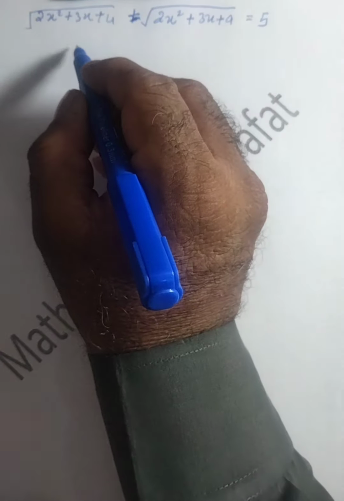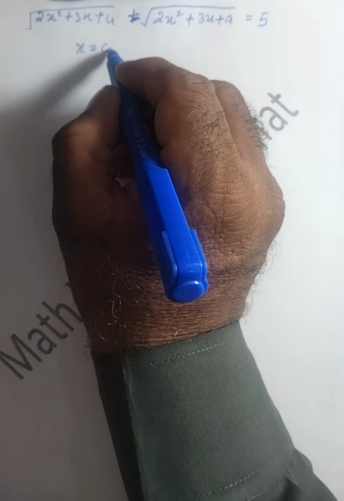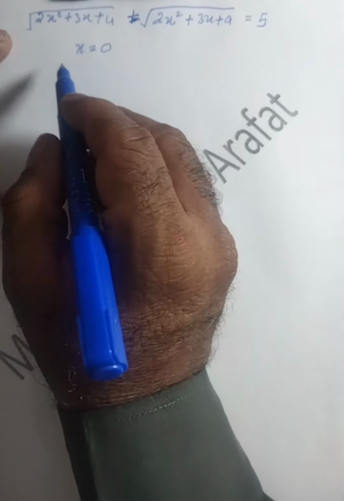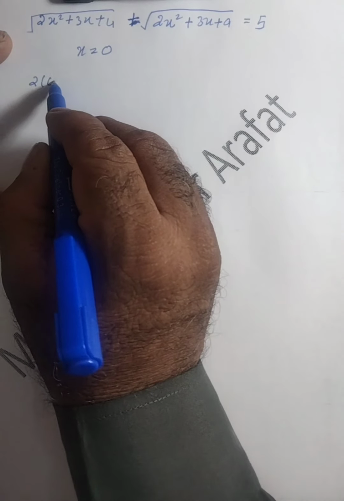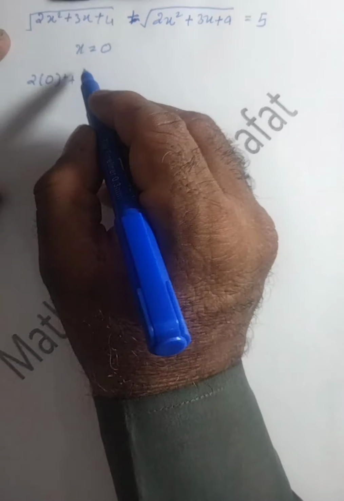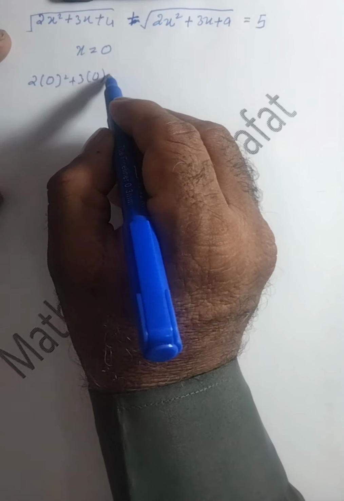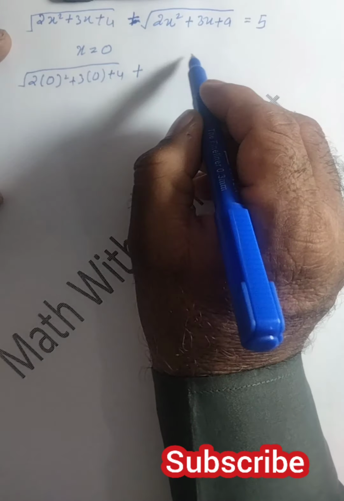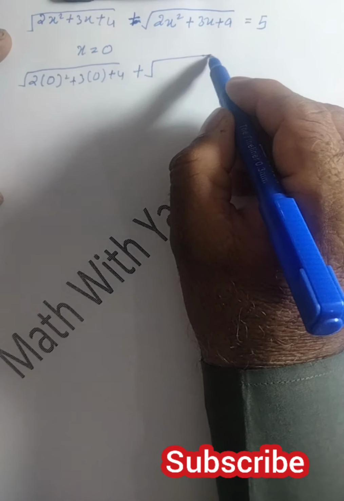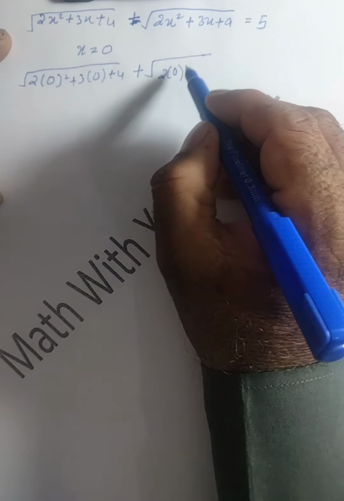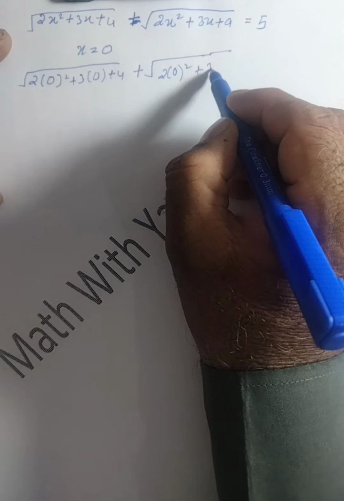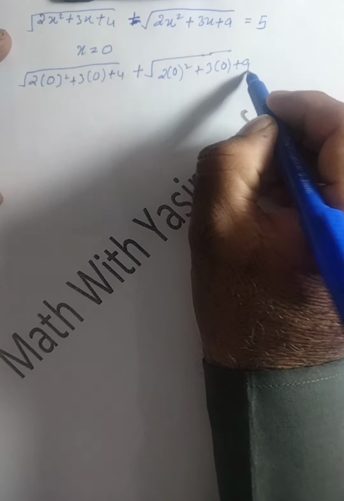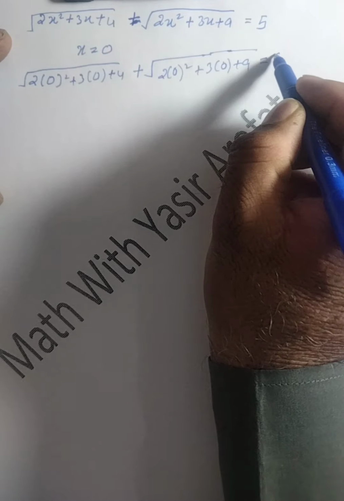Okay students, now we have to put the value of x equal to 0 in the question, and this is 2x square, that is 0, 3x, that is 0 in the radical, plus we have to put the value of x, 0, 3 times 0 plus 9, that is equals to 5.